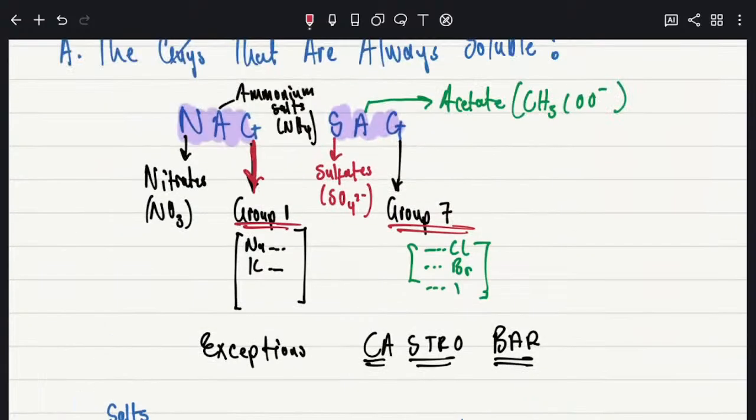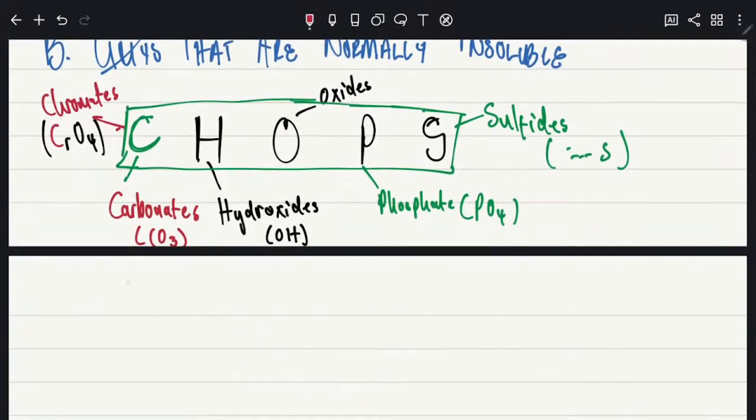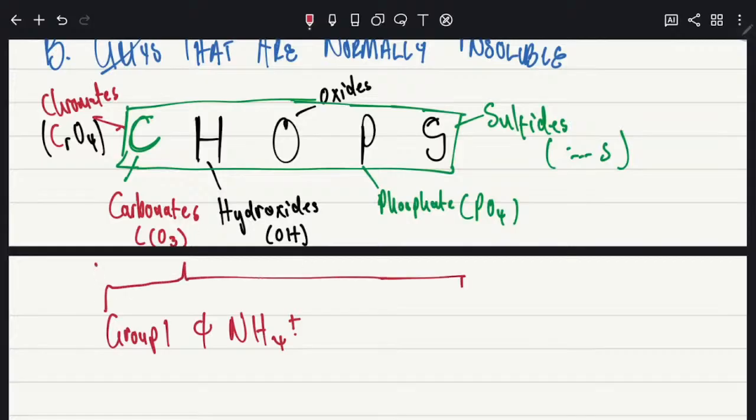But when they meet group 1, they will automatically become soluble because group 1 can never be insoluble. Let me write it here: when you meet group 1 and ammonium, NH4+, when these guys meet them, then they will be soluble.